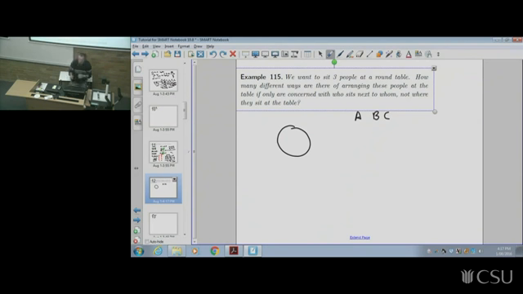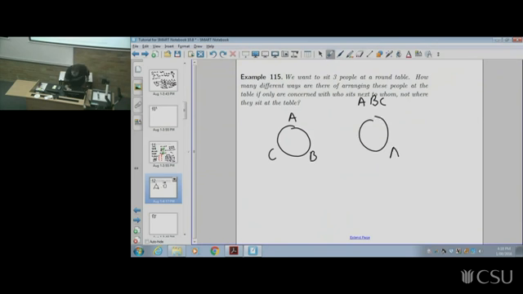So you might go, A, B, C is one way around the table. I'll write down all the different options. How many different ways are there of ordering A, B, and C? How many different orderings are possible? 6. Okay, so let's write down the 6 different options.